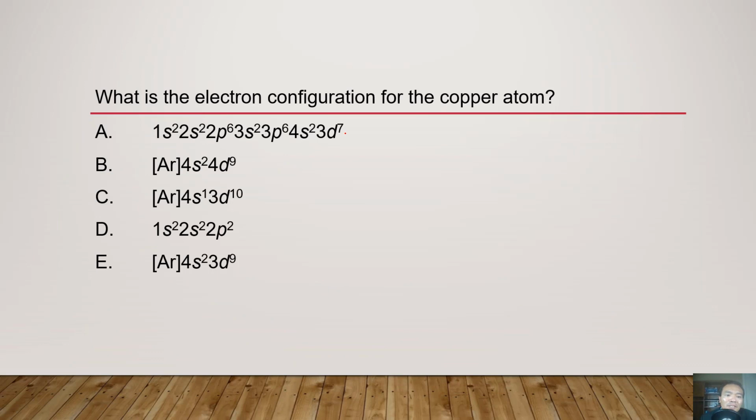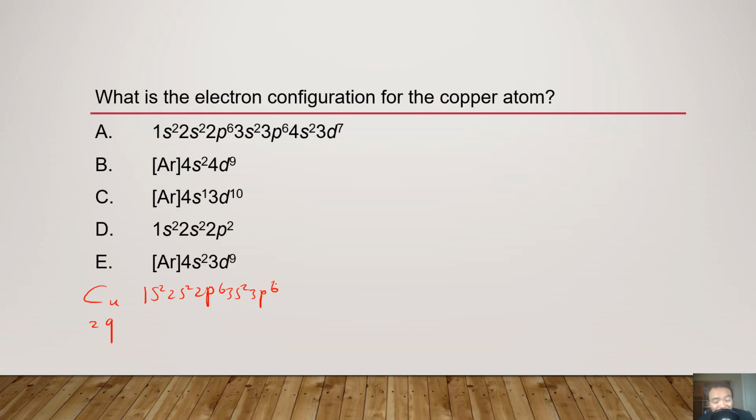Look at another one. What is the electronic configuration for copper ion? This one is kind of special. I'm going to introduce to you a new concept. Copper has 29 electrons. When you write this, it might be 1s2, 2s2, 2p6, 3s2, 3p6.